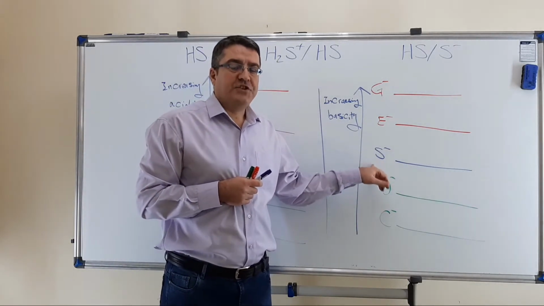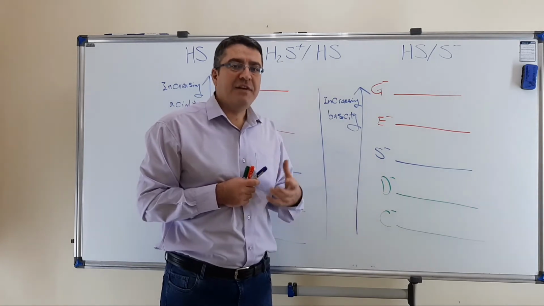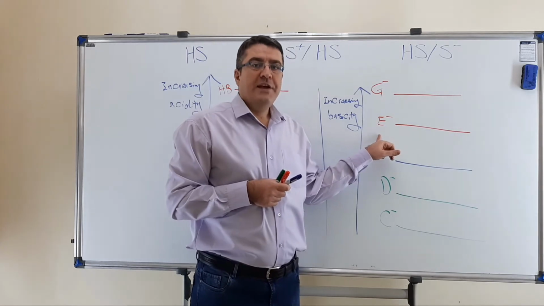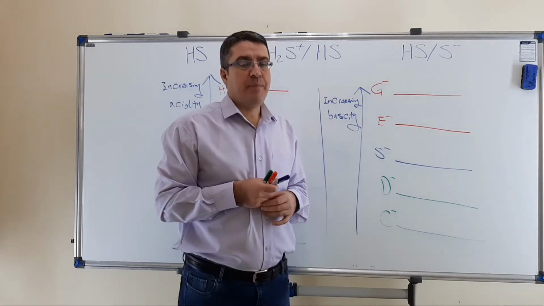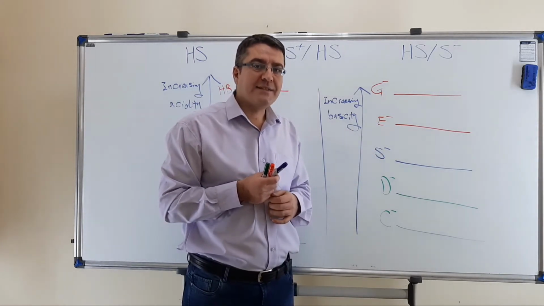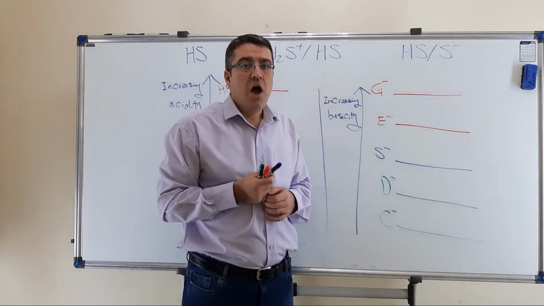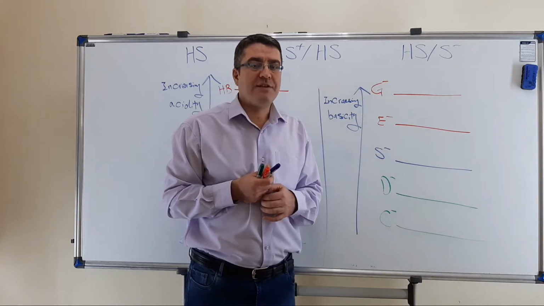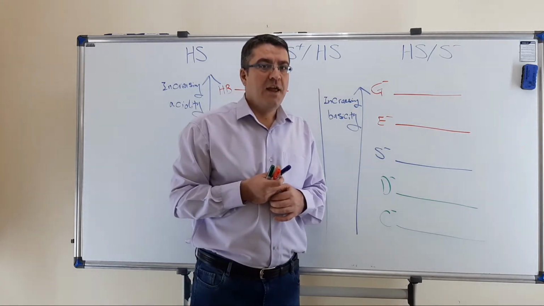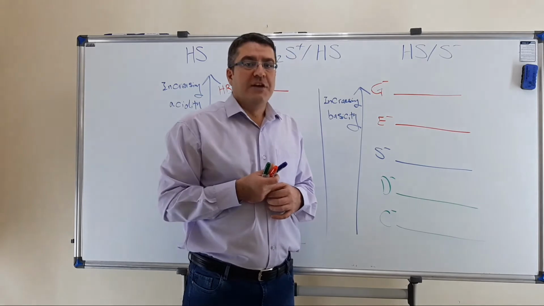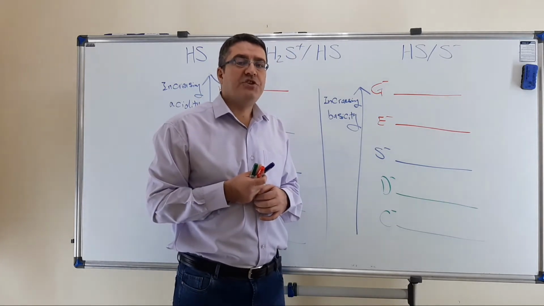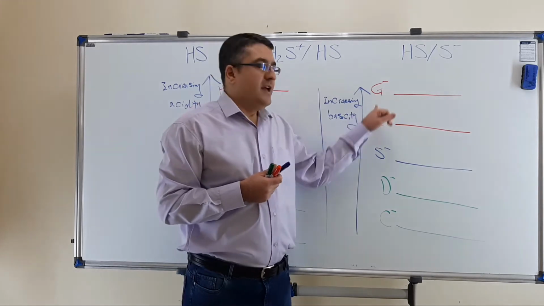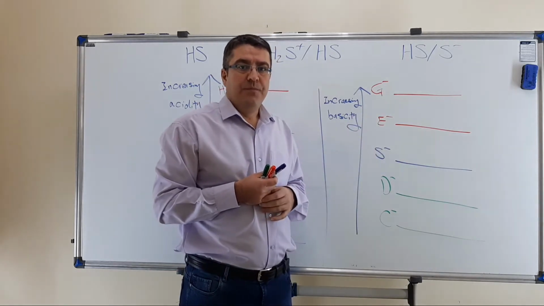The solvent HS is a leveling solvent for bases stronger than the conjugate base of the solvent, for bases which have higher Bronsted basicities than that of the conjugate base of the solvent. The solvent HS can't differentiate between basicities of these bases.